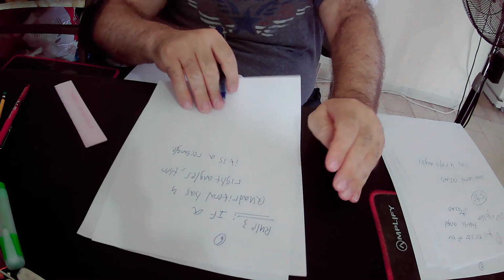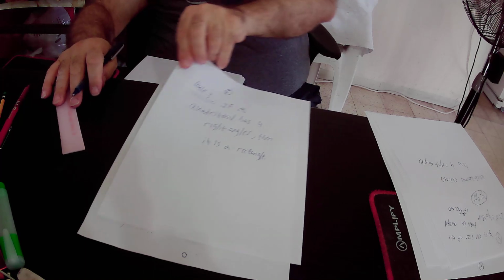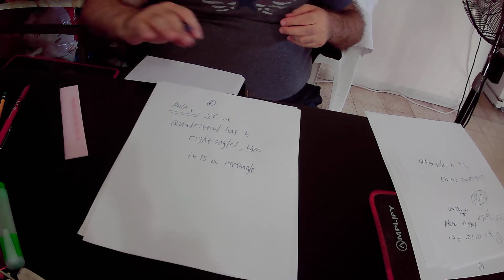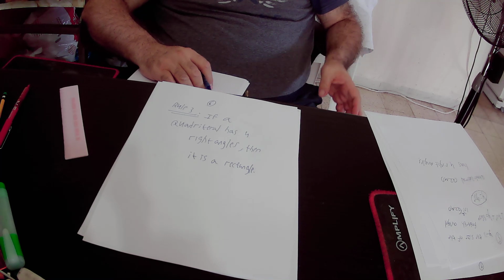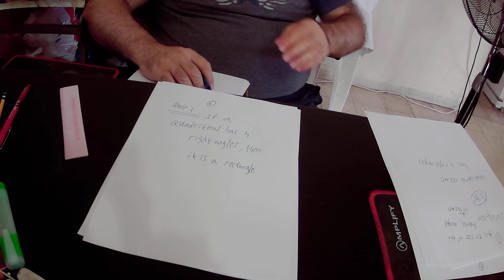Okay, so I will read rule number 3 again. Rule number 3 states that if a quadrilateral has 4 right angles, then it is a rectangle.